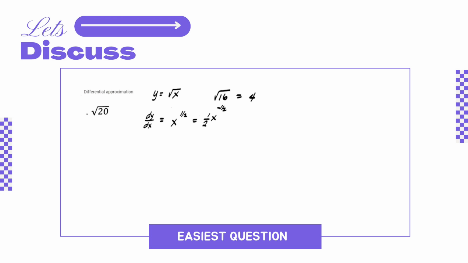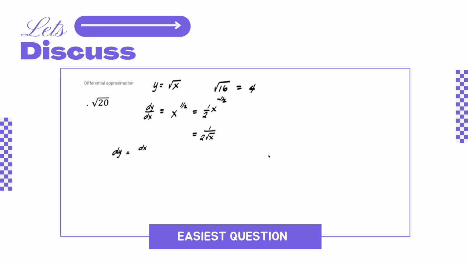If differentiated, it's going to be a half times x to the power of minus 1 minus half. So simplifying the equation, it's going to be 1 over 2 square root of x. Therefore, dy equals dx over 2 square root of x.